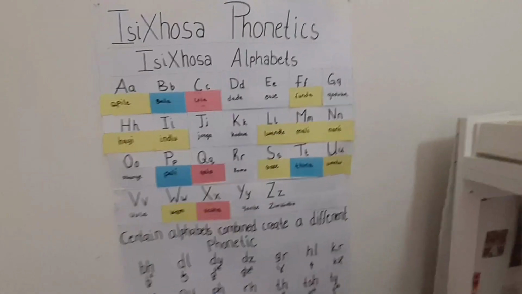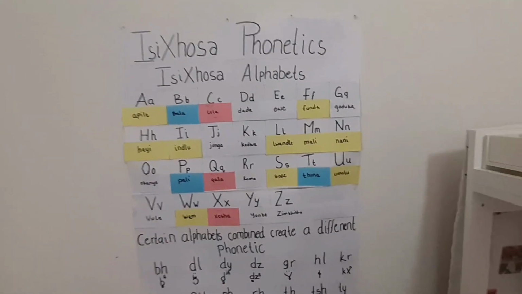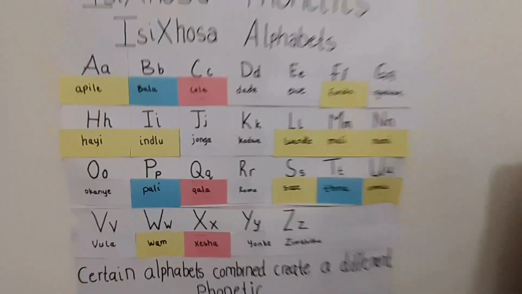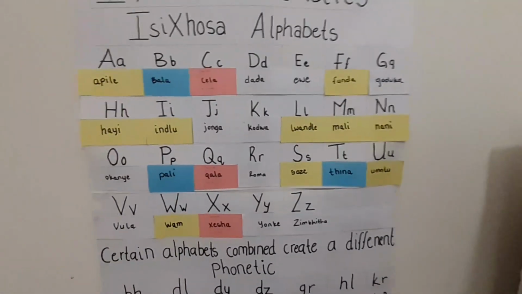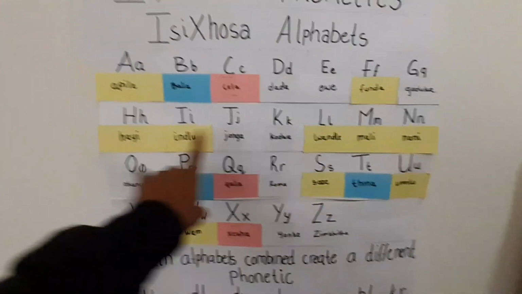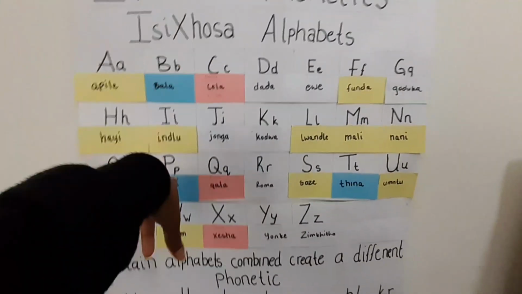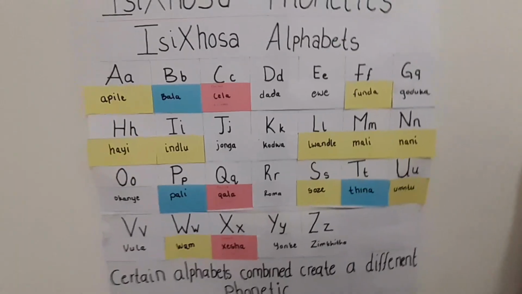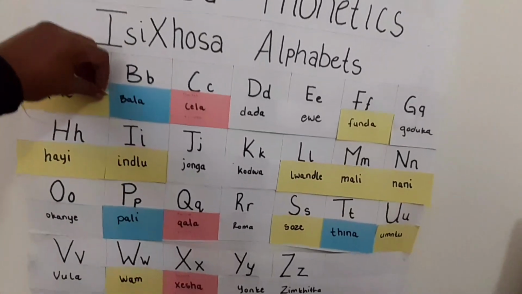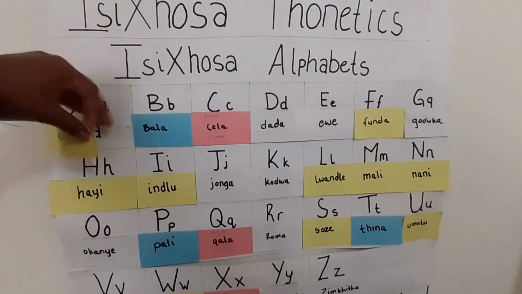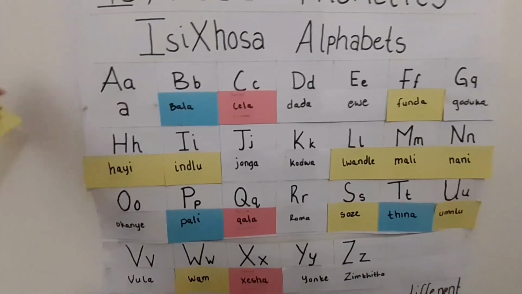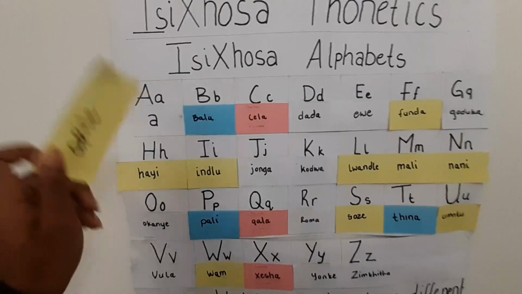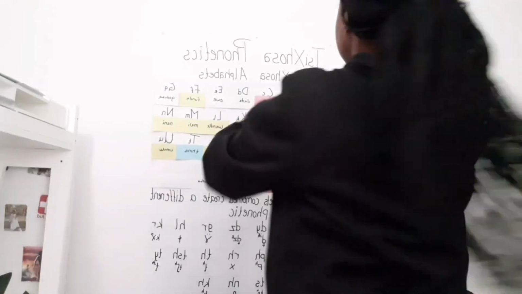If you watched my previous video, you definitely did see these alphabets and you know how they are pronounced, including the words that you are seeing over here, like apile, bala, cela, etc. But now we're going to look at the actual phonetic, which I have written over here. So let's have a look at that.